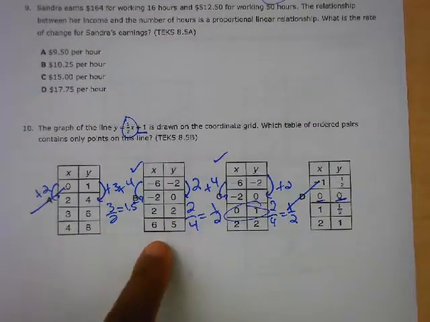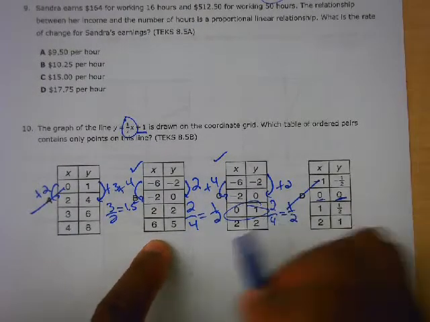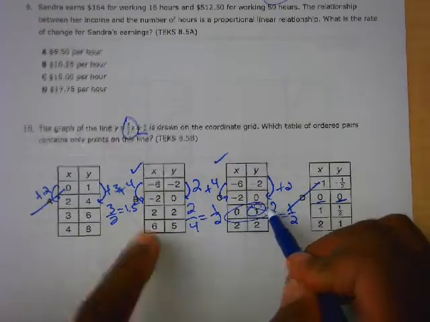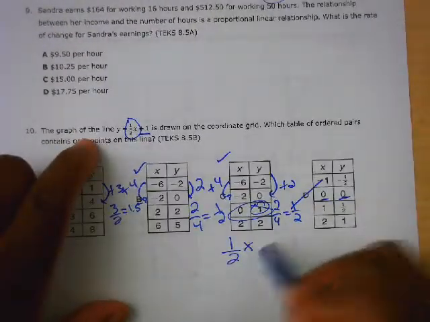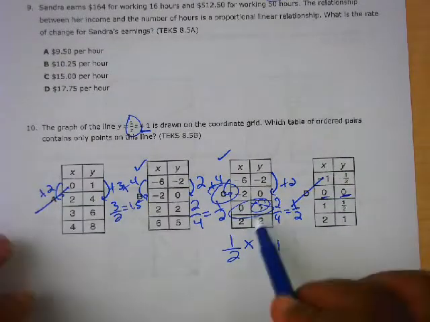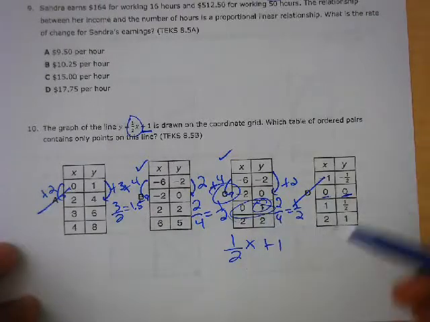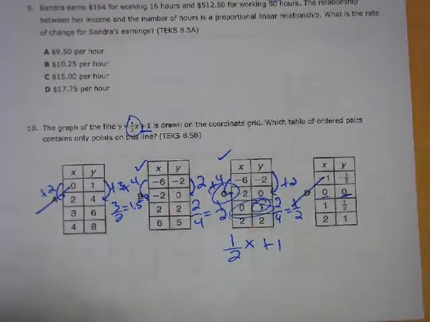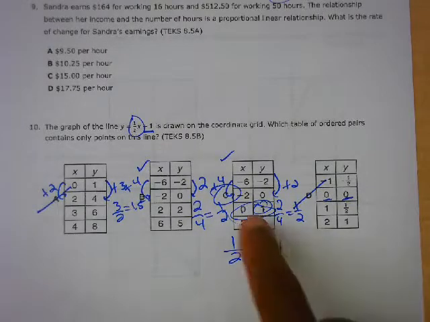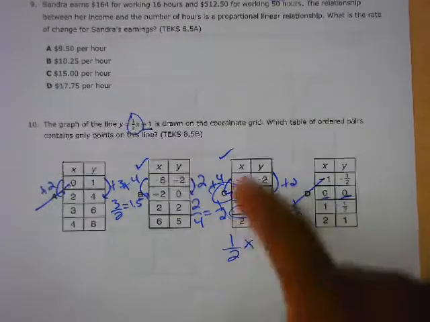We can try to figure it out and substitute, but why do that when I know for a fact that this y-intercept is 1? Because x is 0, y is 1. So this is 1/2 x plus 1. So this is for sure my answer because I know the y-intercept here, and I know that the slope is 1/2. Both of these have the same slope, but they won't both have the same intercept. So this one I know for sure is my y-intercept, so that's my answer.